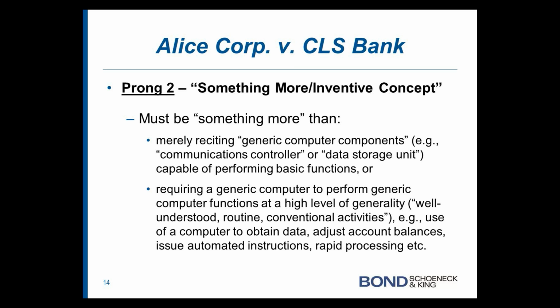Also, something more than requiring a generic computer to perform generic computer functions, such as using a computer to obtain data or rapid processing, for example. Those typical generic computer functions that anyone would use a computer for do not add something more to a claim.